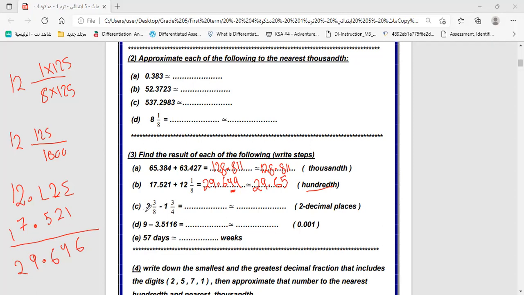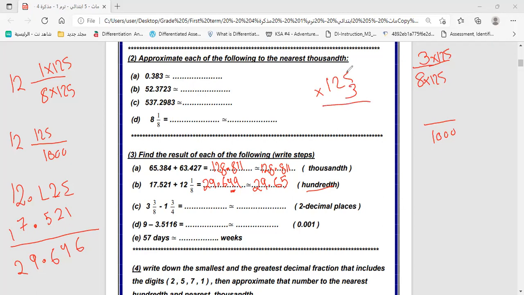Now grade 5. Let's explain number C. Before we start, change each fraction to be a decimal. 3 over 8, multiply it by 125 up by 125 down. When we multiply it down, it will be 1,000. We multiply 3 by 125 in a draft.